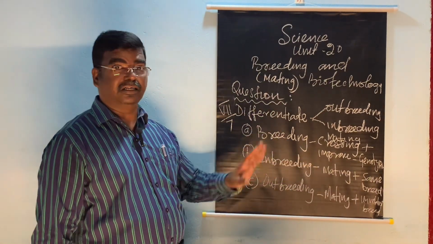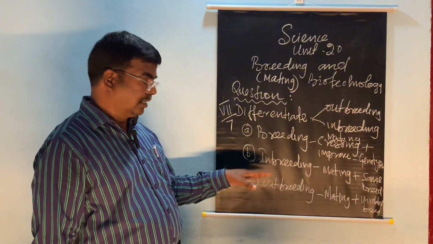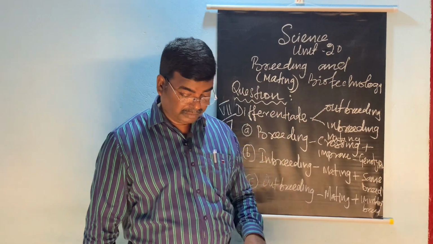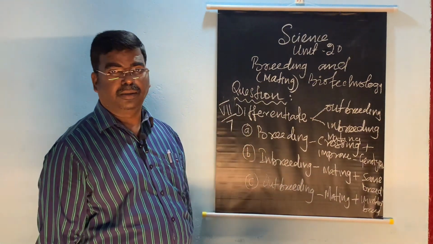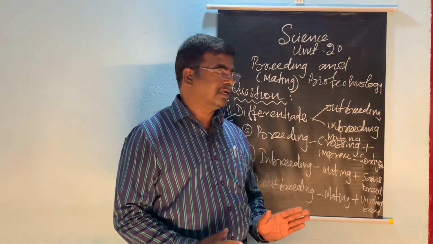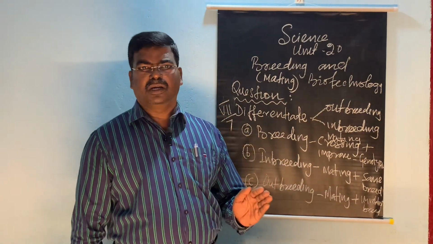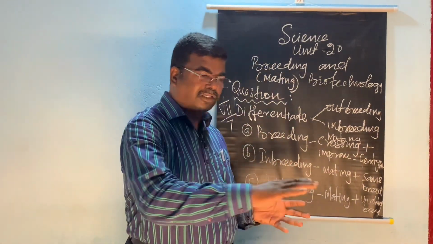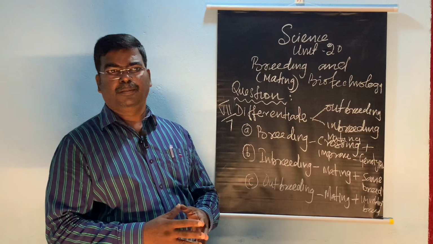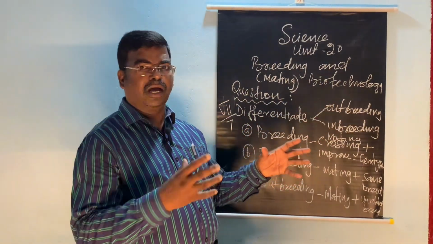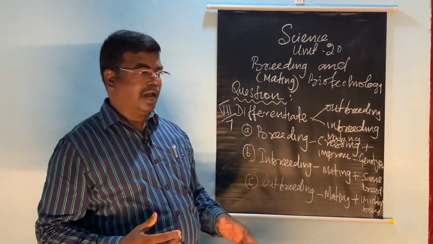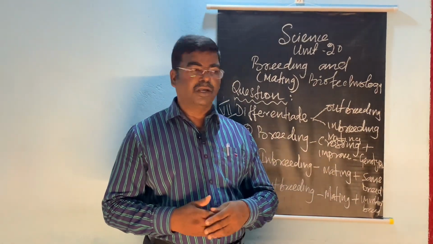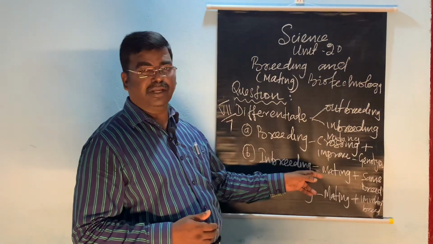So the organisms we get by inbreeding are superior. For inbreeding, we select animals that already have superior characters, one male and one female, and mate those two, and we get another superior organism. That technology is called inbreeding.